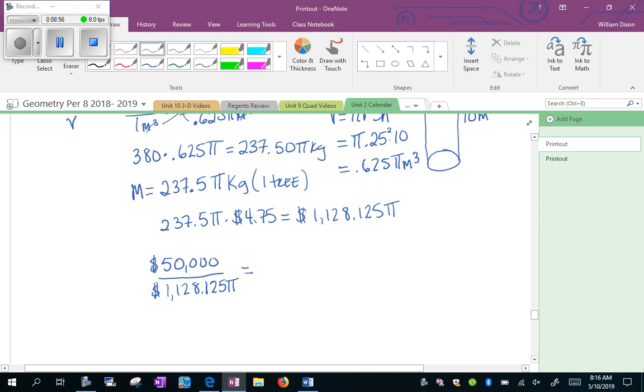Now, something very important: be careful if you're going to use your division key. I really wouldn't. Please use the fraction key when you're dividing this, to make sure that pi is multiplied in the denominator. Your answer is approximately 14.11.